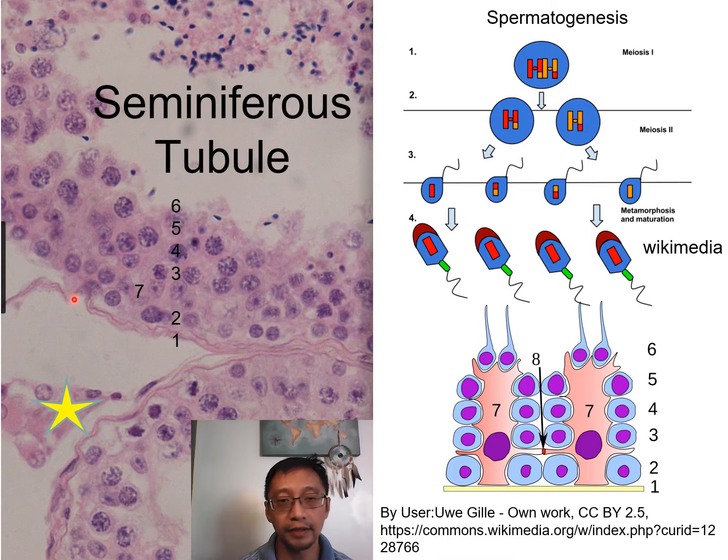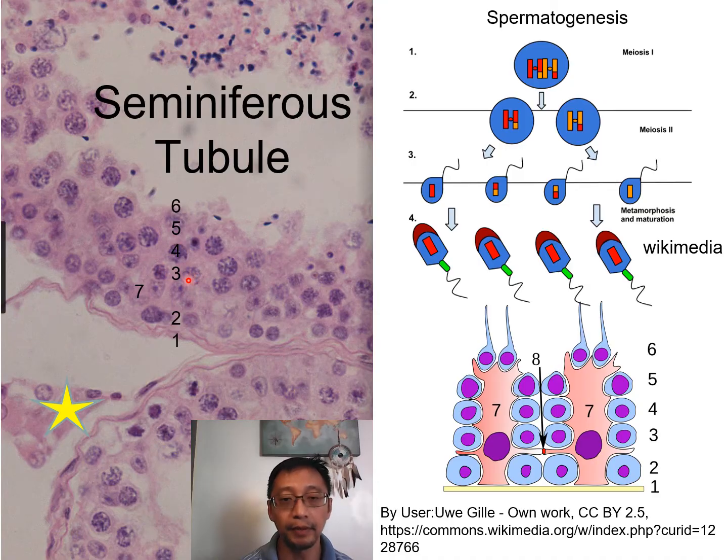Here is now a cut section of your seminiferous tubules, and here you have your myoid layer. At the base, you have your spermatogonium. The spermatogonium, you have two types, type A and type B. Type A may undergo mitosis and give rise to type A and type B spermatogonium. Okay? The type B may undergo now meiosis to form your primary spermatocytes.